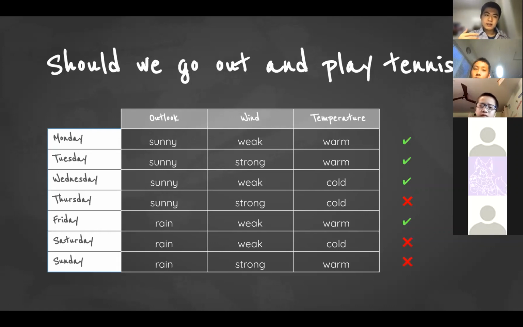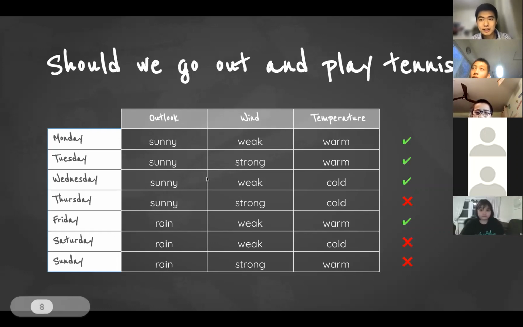In the case of data, these are going to be past, something that's already happened, right? So think of it this way. Let's say last Monday, this is purely hypothetical, but let's say last Monday, I thought, hey, it's sunny outside, the wind was weak, it was warm temperature, and I decided to go play tennis. Tuesday, it's still warm temperature and sunny outlook, but it was strong wind.